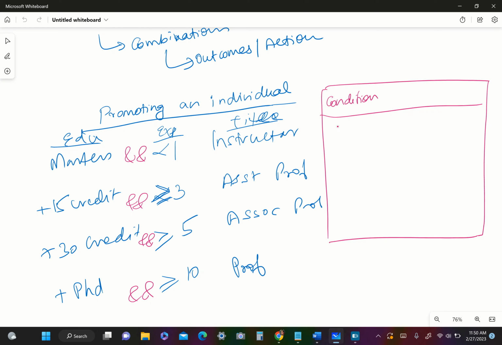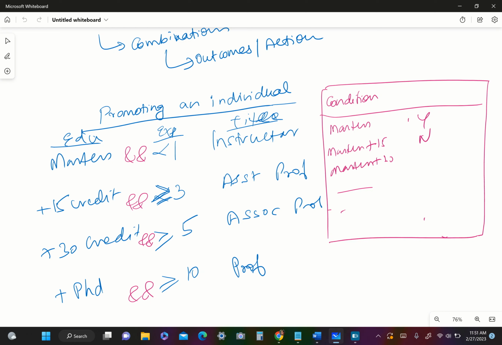So we say education, we say masters, okay, then we have say masters plus 15, masters plus 30, whatever, and then you can say which condition we meet, and then we say a yes or no, and then based upon that we come up with whether somebody is qualified or not for promotion.